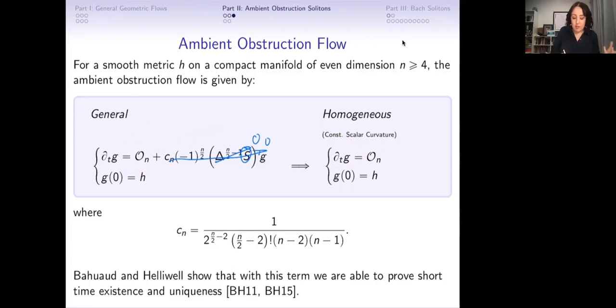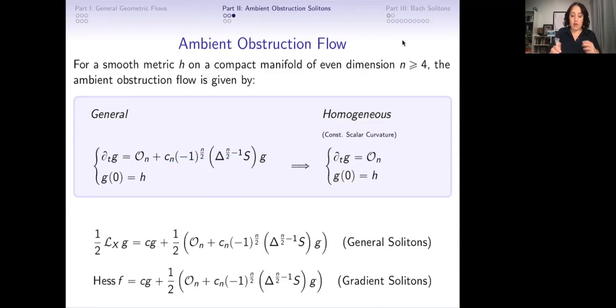Now, I do have some results that involve this term on a general manifold, where we're not having to force homogeneity on anything. But again, for this talk, if we limit ourselves to the homogeneous case, then our flow is defined thusly. In general, for a general manifold, I have this whole term, and this whole term is my Q from the previous part.